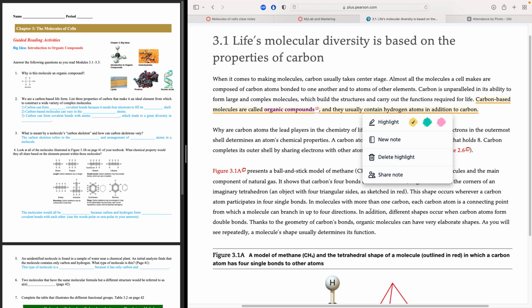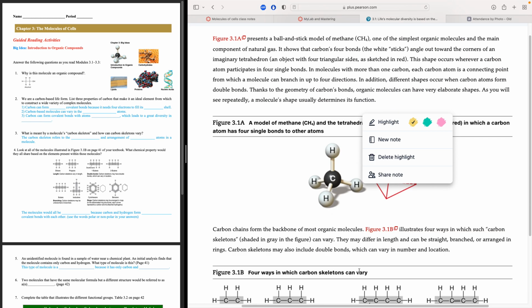Count how many lines are leaving the C inside of question number 1. How many lines? Just one. There's one. Right here. How many lines are leaving each carbon? Here's another picture in the textbook. How many lines are leaving carbon? 4. It needs 4 bonds.